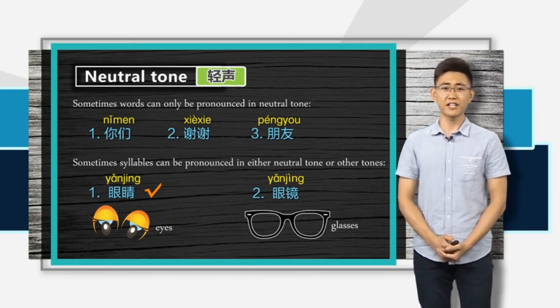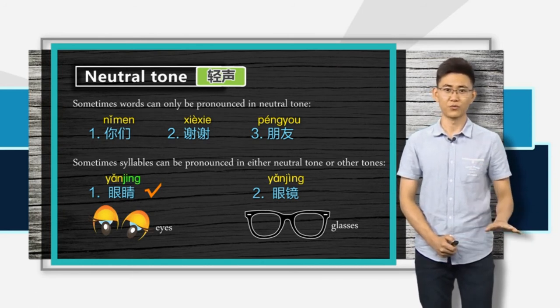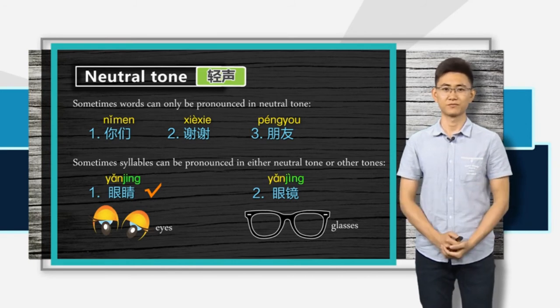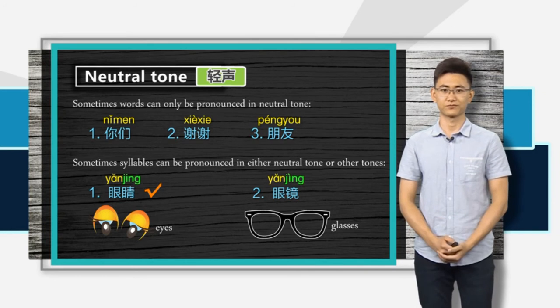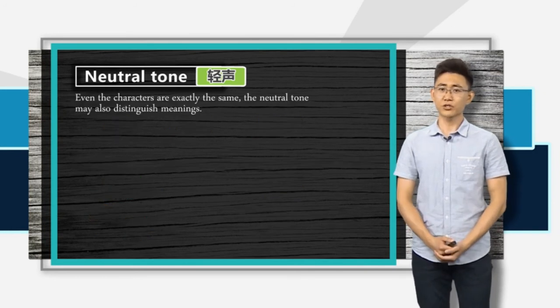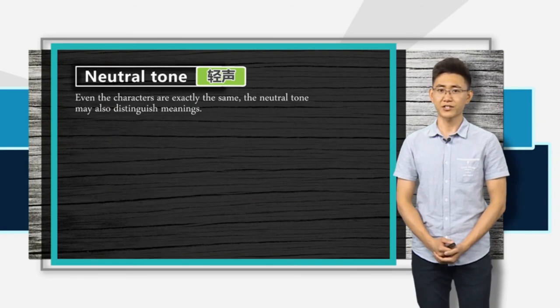They have the same initials, the same finals, but one with neutral tone and the other with another tone. They have different meanings. And of course, the last character is different too. Sometimes neutral tone can distinguish meanings, even if the characters are the same.